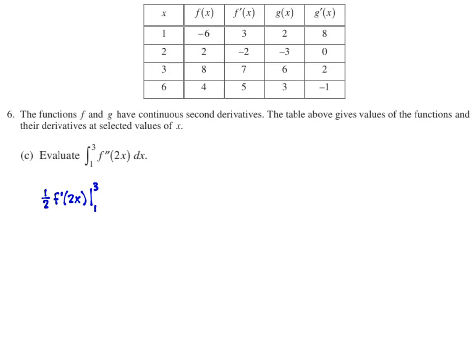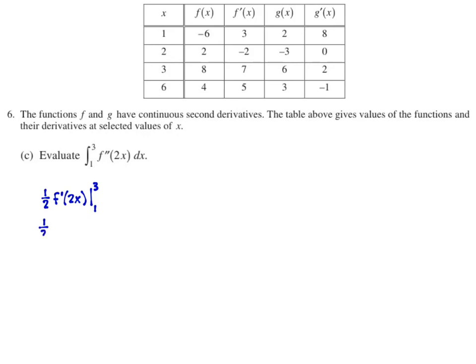my antiderivative. I want to make sure, though, that I take the derivative of this to make sure it matches my integrand. If it doesn't match my integrand, then I did something wrong and I don't want to continue. So the derivative of this is going to be 1/2 f prime of 2x and then times 2 because of the chain rule. So when I multiply it by that times 2, it's going to cancel out the 1/2 and I'll be left with f double prime of 2x.